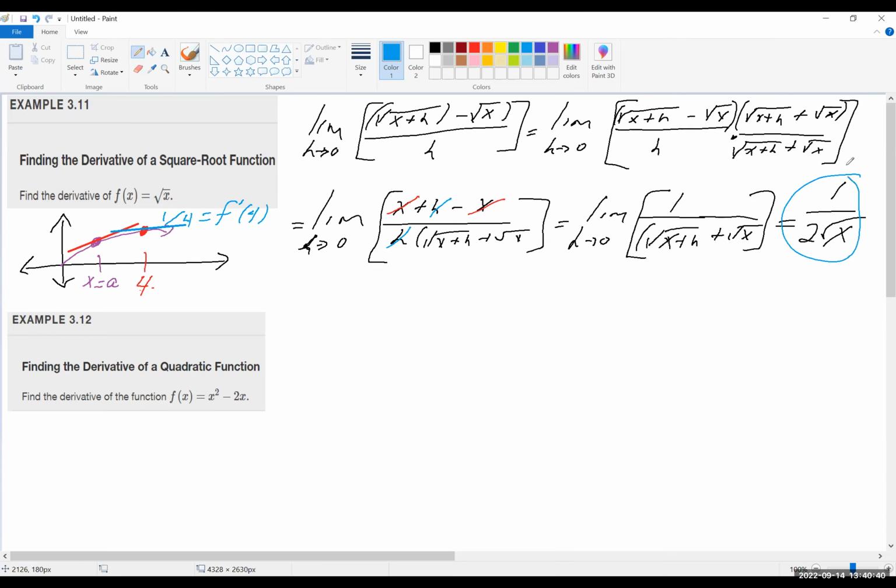So let me try the other one. It's going to go in a similar way. And it's going to be the limit. Let's go ahead and use black.